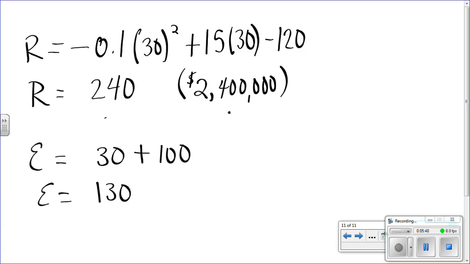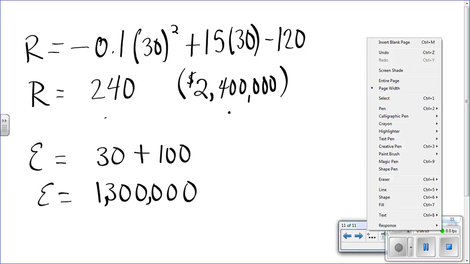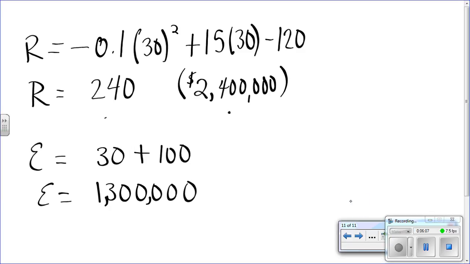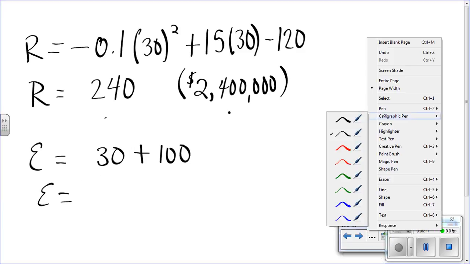In thousands of textbooks? $30,000. B in tens of thousands. Okay, so I need to add 4 more zeros to this. So that's what we're actually looking at. I'm gonna write that off to the side.